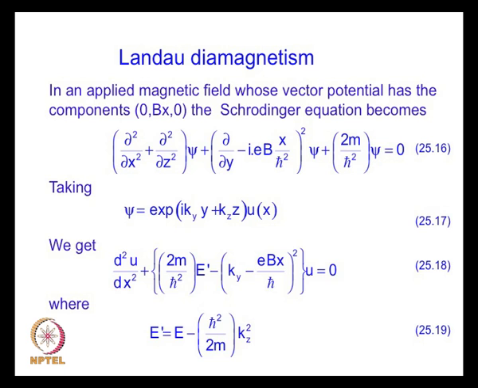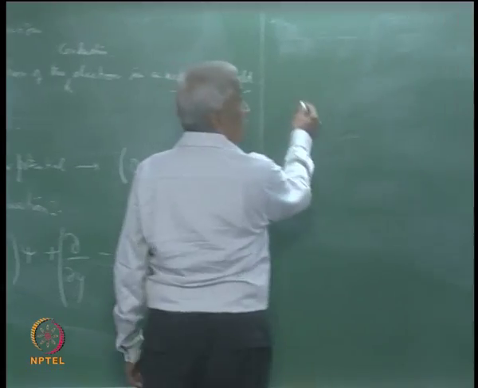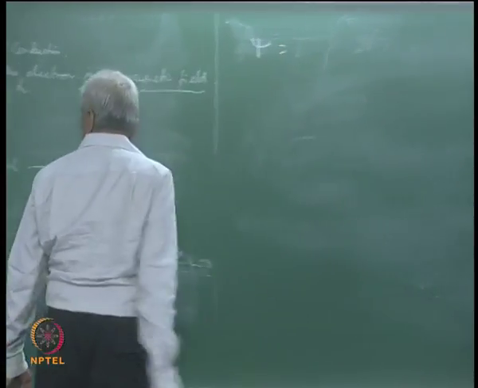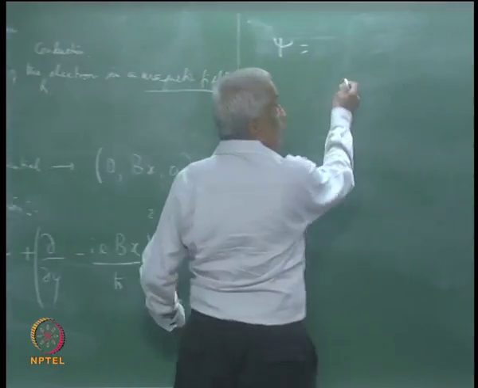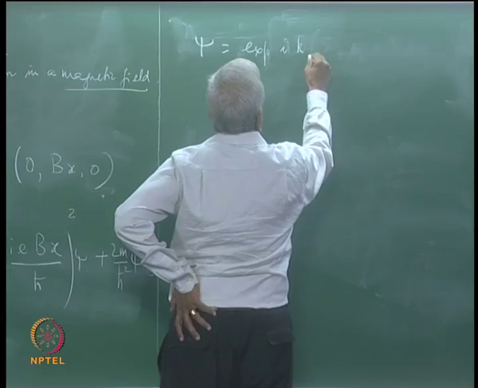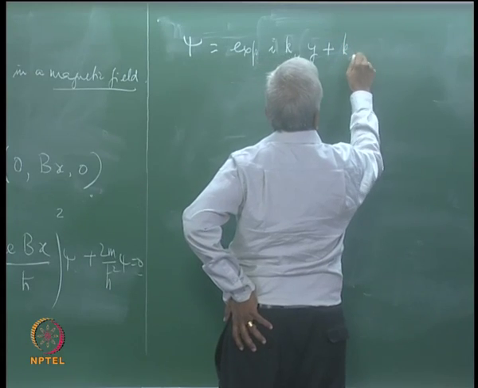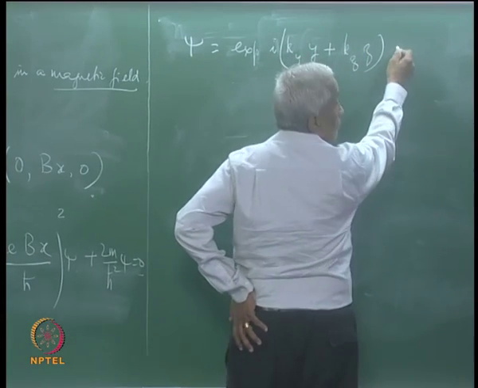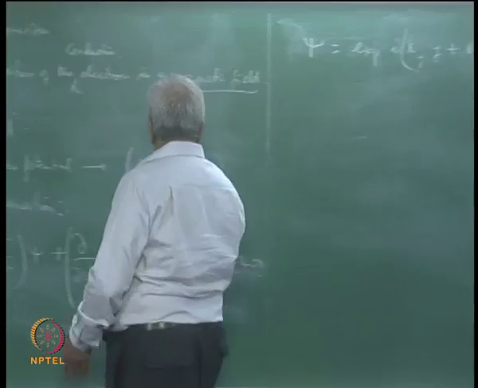So, we have to solve this by the method of separation of variables to obtain the energy eigenvalues in the stationary state. So, following the method of separation of variables, we know that these two parts correspond to the free electron. Therefore, we can write this times u of x, because there is an x dependent term.